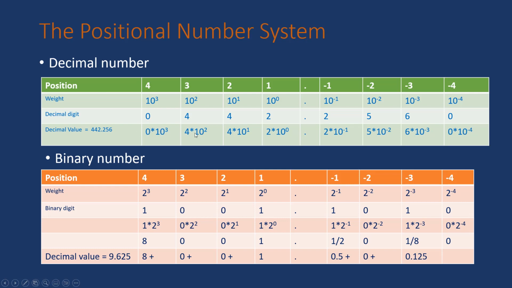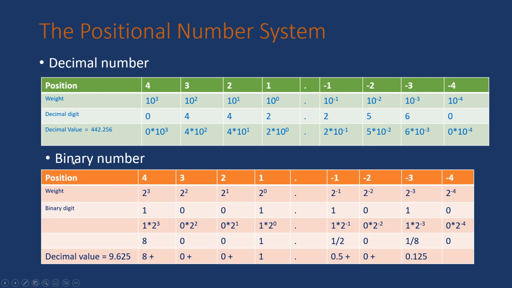So before the decimal point, we know that is 442. After the decimal point, it's going to be 2 over 10, 5 over 100, 6 over 1000. So interpreted to represent the decimal number is going to be 442.256. This is our daily use, so we easily understand.